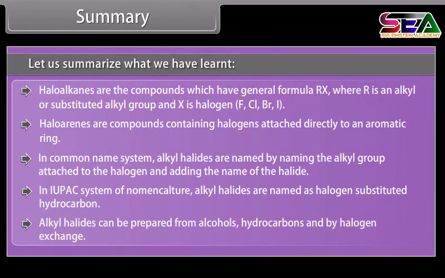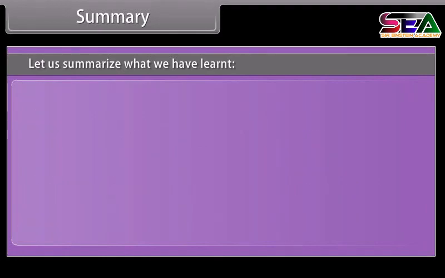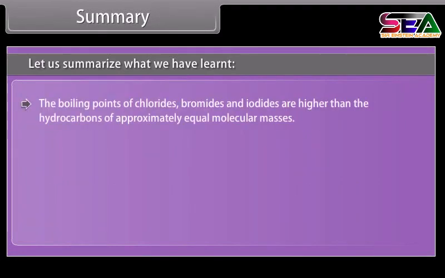Alkyl halides can be prepared from alcohols, hydrocarbons and by halogen exchange. The boiling points of chlorides, bromides and iodides are higher than the hydrocarbons of approximately equal molecular masses.